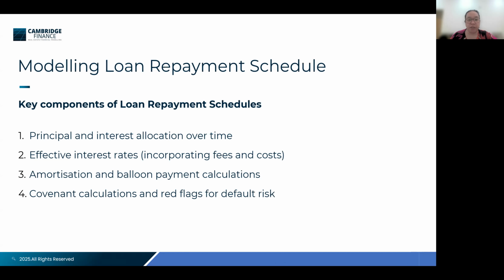In terms of modeling the loan repayment schedule, the key components, which we're going to see in a minute in the model that I've done, are that we need to look at the principal and interest allocation over time. So how we're going to pay back the principal, the amortization, and then the interest payments as well, because there are different ways to structure this principal repayment, different amortization schedules, and also interest.